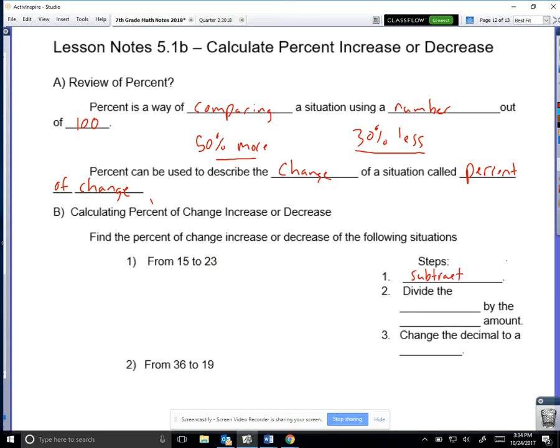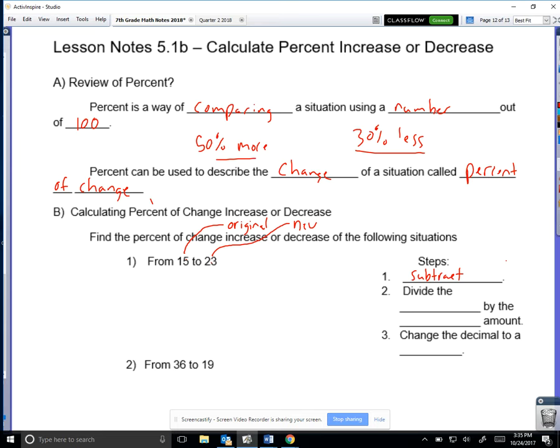We're going to label these two numbers because that's going to be very important as we go through Chapter 5. So we started with 15, so 15 is the start. That is what we're going to label as the original. Okay, that's the original number. We went from 15 and we're going to 23, so that's going to be the new number, the new amount.